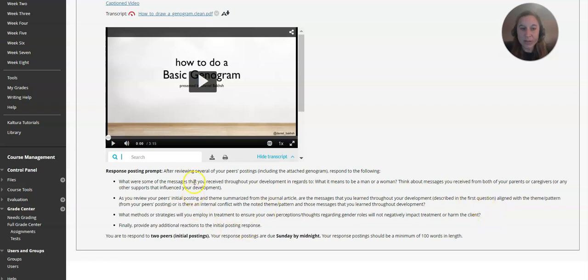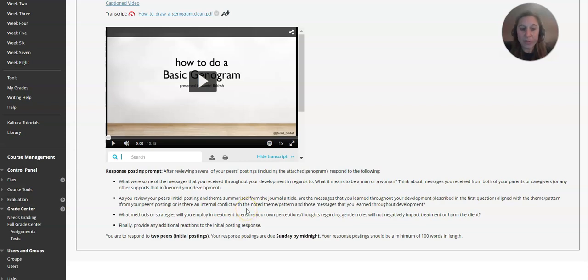So for this, you're going to answer the following questions after you review your peer's initial posting and their genogram. What were some of the messages that you received in development in regards to what it meant to be a man or a woman? And think about messages you received from your parents or caregivers, if any, that supported and influenced your development.